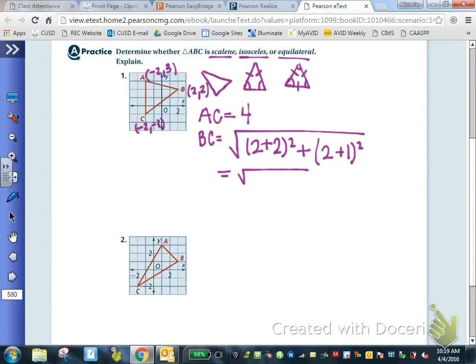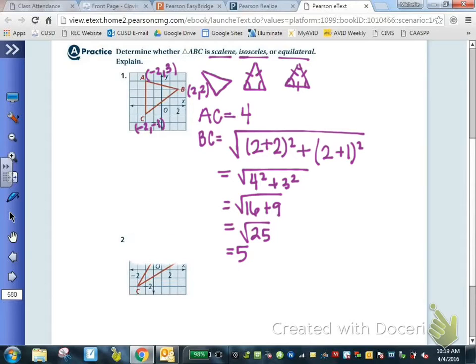So 2 plus 2 is 4 squared plus 3 squared. 4 squared is 16 and 3 squared is 9. Oh, you guys, look at this. I'm like psychic. BC is 5. Everybody say, oh. Because I said, I just guessed it.